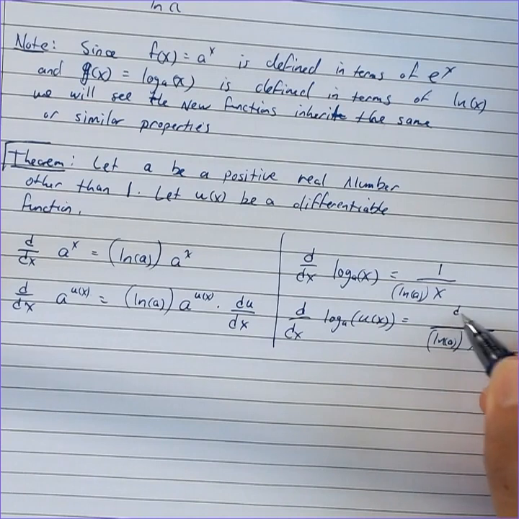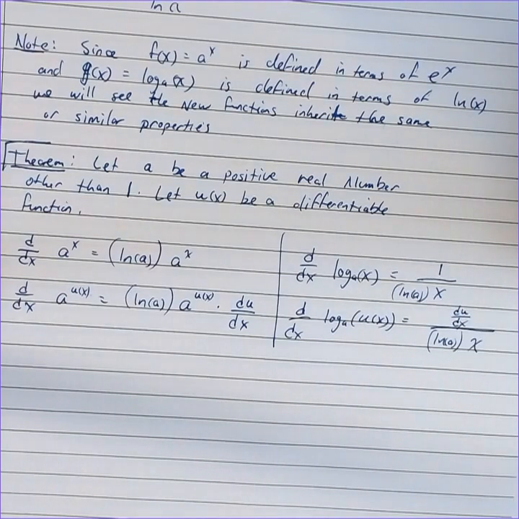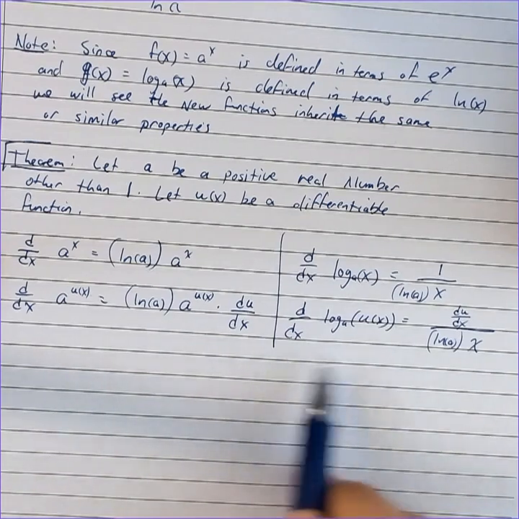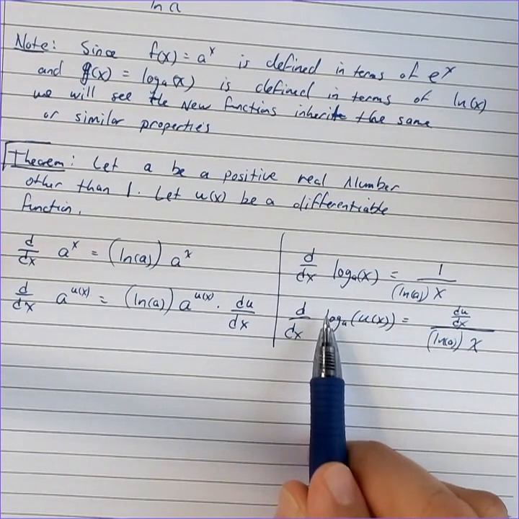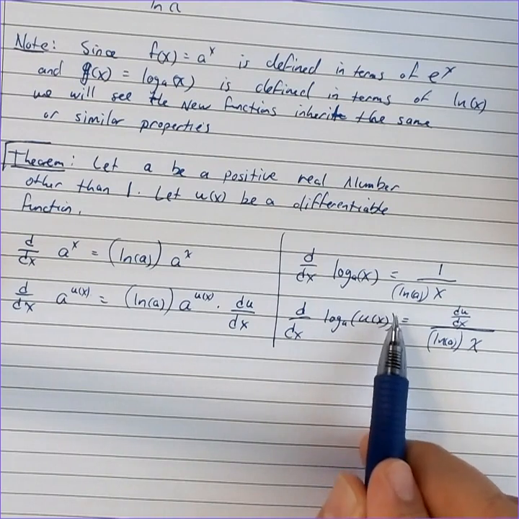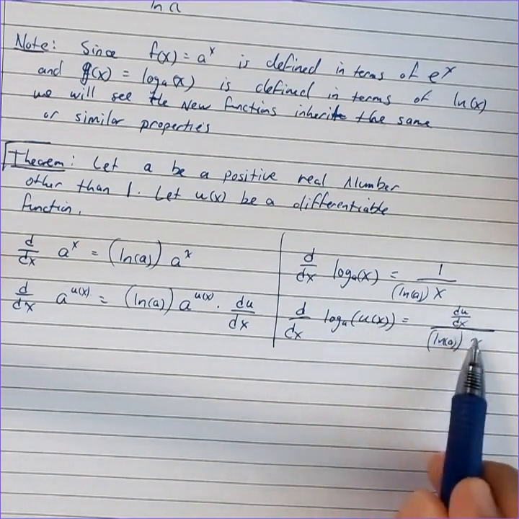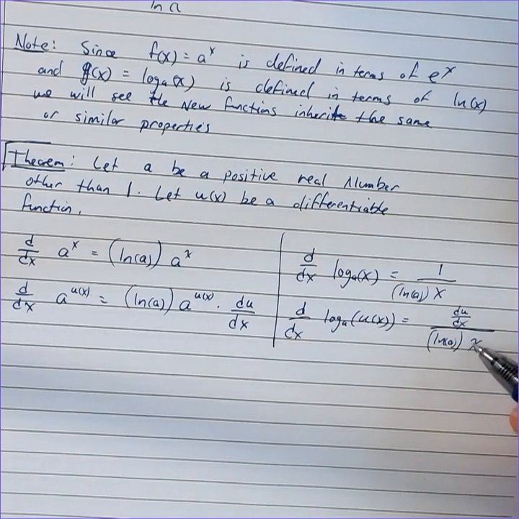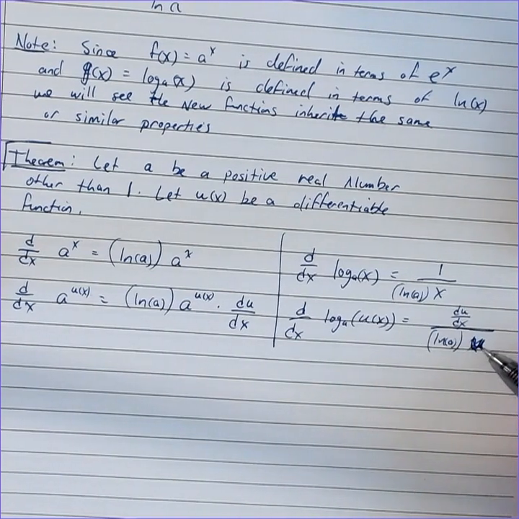So that'll be du dx. Just like that. Or again, some people will prefer to write log base a of u of x prime, which is the same as u prime over natural log of a times, oh, that should be a u, shouldn't it? Because our argument was u, not x.